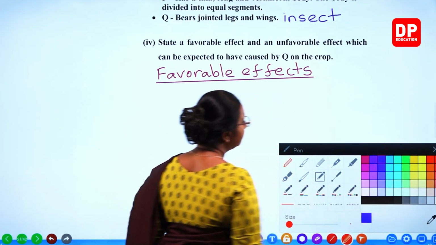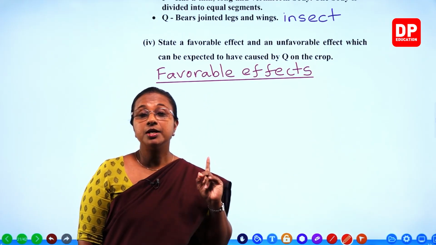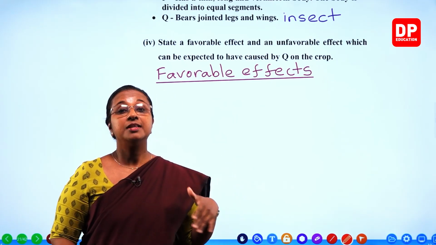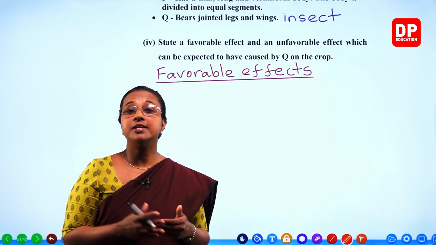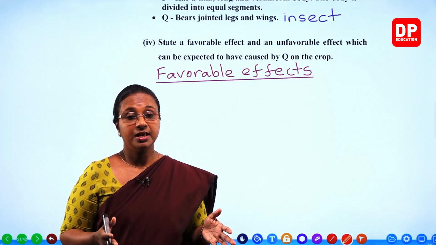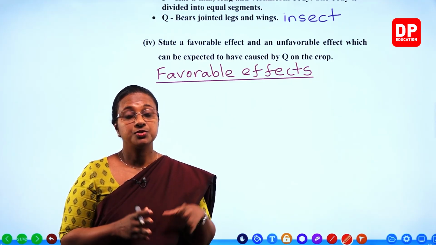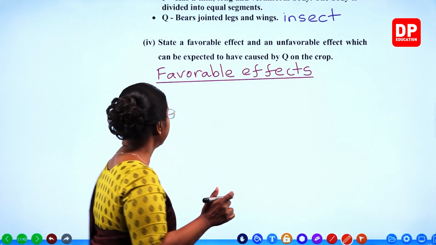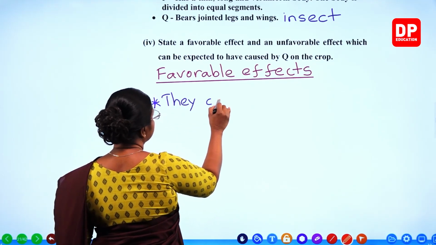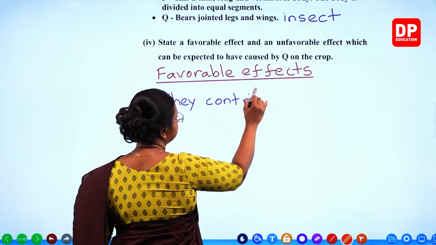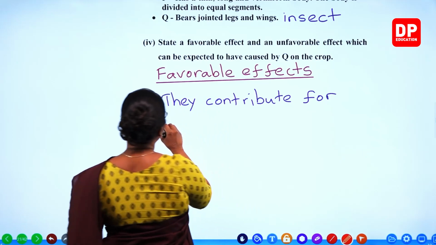Now what are the favorable effects you can think of? Insects in the crop, you all know when there are crops, there is sexual reproduction. During sexual reproduction, there is pollination occurring. And insects are an agent of pollination. So that is one favorable effect. They contribute for pollination.